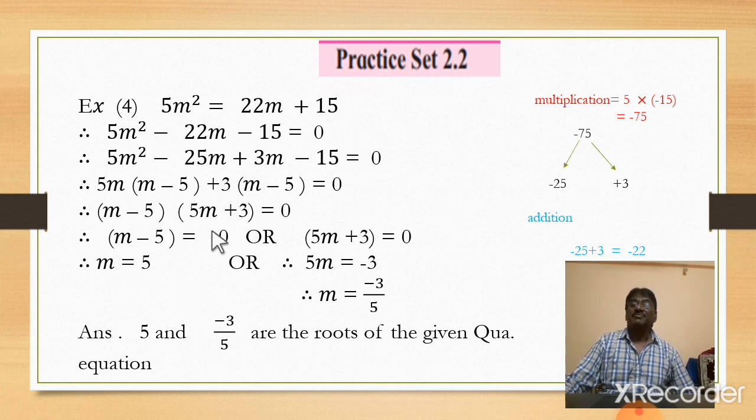But if 5m plus 3 is equal to 0, then we get 5m equal to minus 3. Transposing plus 3 gives minus 3, and therefore m is equal to minus 3 upon 5. Therefore, 5 and minus 3 upon 5 are the roots of the given quadratic equation.